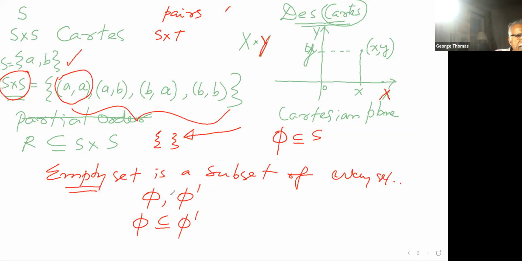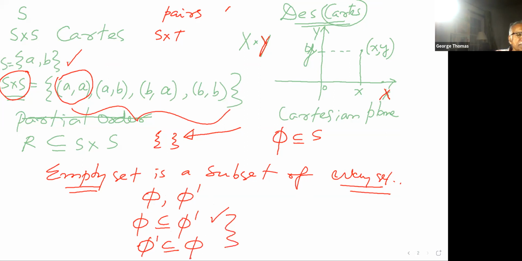Because this is a set, can't I say this? It is a subset of every set. Here is an empty set. Here is an empty set, but the empty set is a set. So I can say that this is contained in this. But phi prime is an empty set, you are saying. And this is a set. So that is contained in phi.